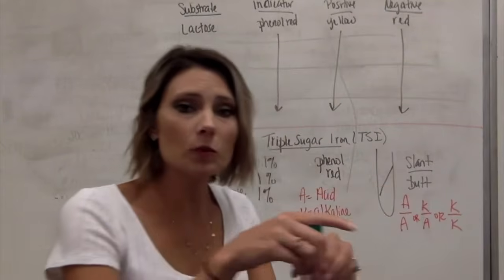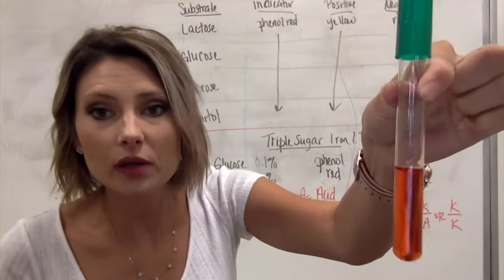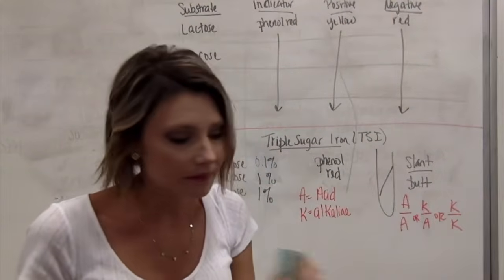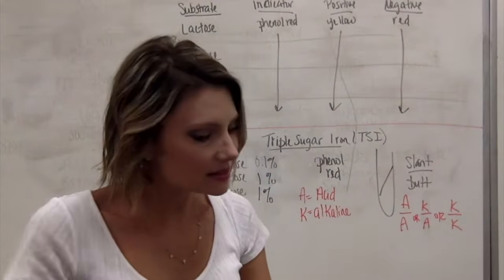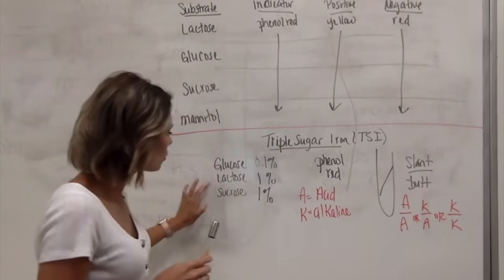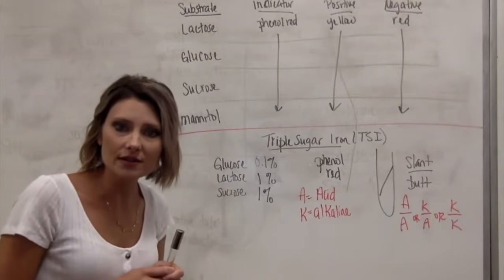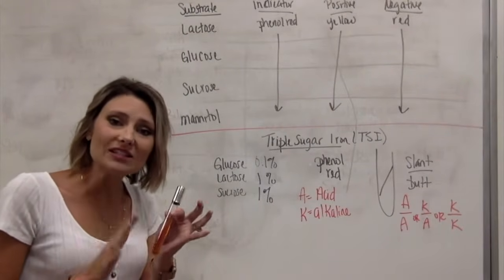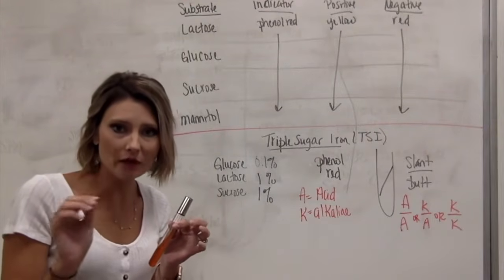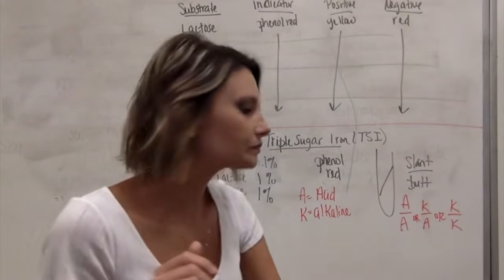So these tubes, the carbohydrate fermentation tubes, are liquid. So the whole tube's going to turn yellow or the whole tube's going to turn red. Since this is a slant and these sugars are at different concentrations, you could potentially get different colors in the same tube.